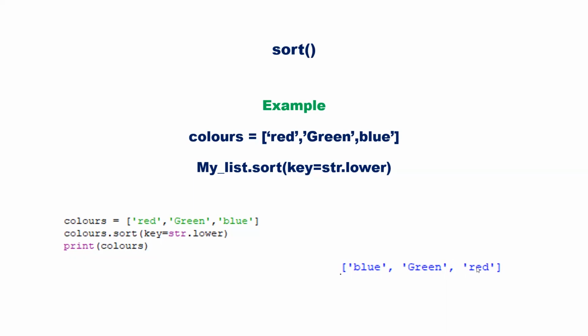Whatever is the case, it is sorted in ascending order: blue, green, and red. This will also work if we give key equal to str.upper instead of lower. Then all letters will be considered as uppercase and sorting is performed.